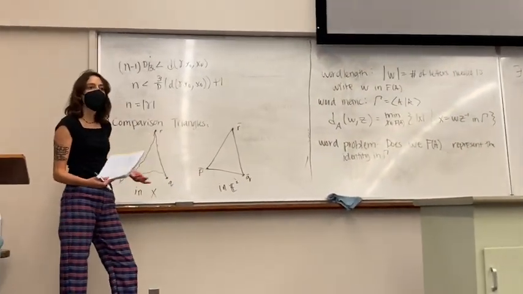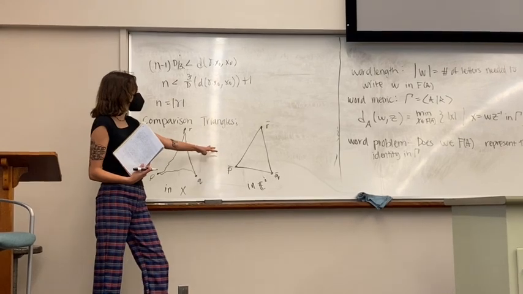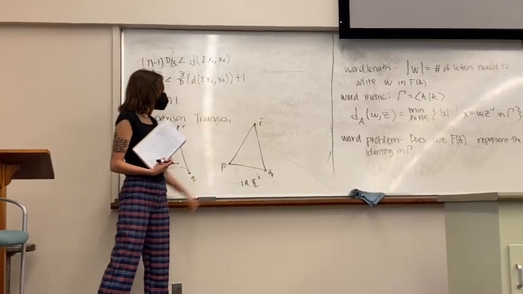So the comparison triangle is one which has the same side lengths.